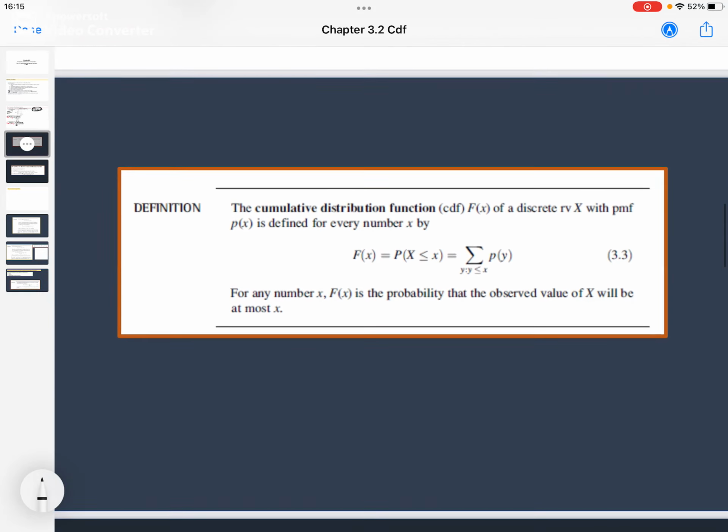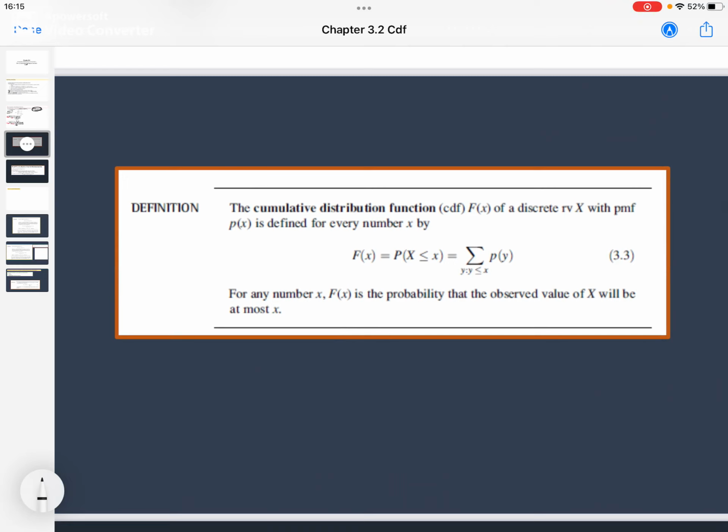Now the definition says the cumulative distribution function, abbreviated CDF, is denoted by capital F(x). The CDF of a discrete random variable X with PMF p(x) is defined for every number x by this function here.